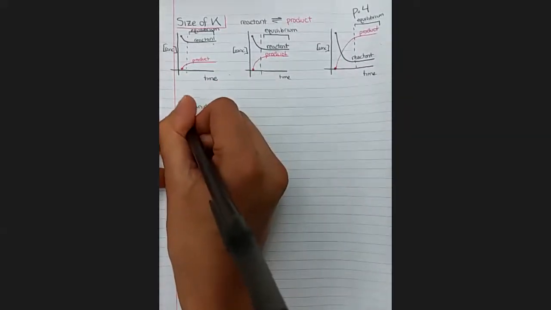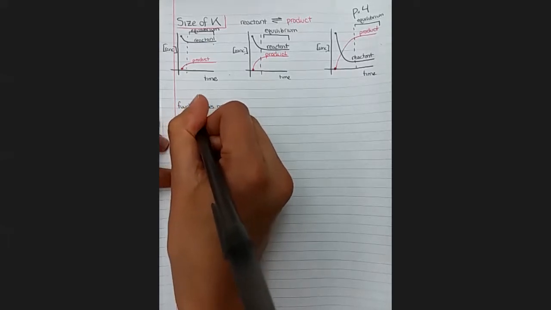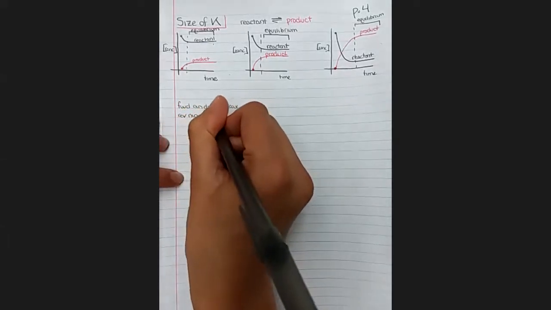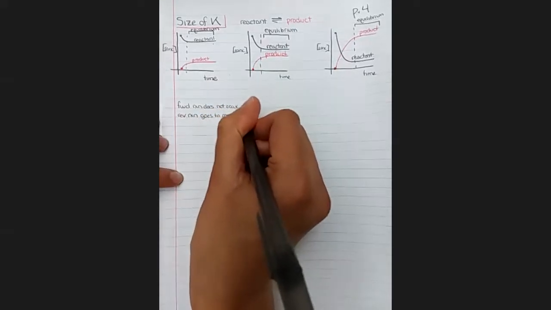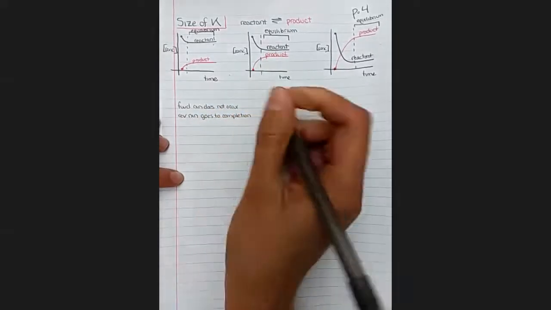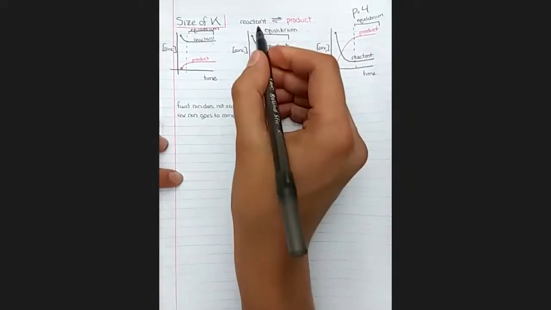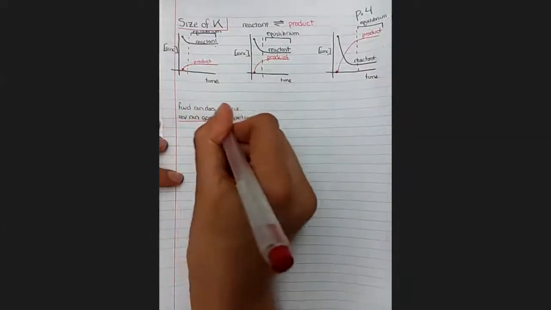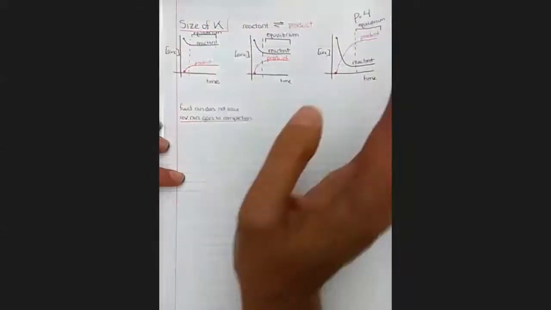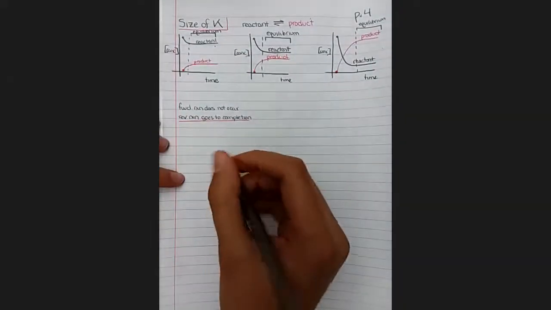And we say the reverse reaction goes to completion. The reverse reaction is the one that makes reactant. And since we have almost all reactant, we can say that that reaction went to completion or finished. It used up everything available.